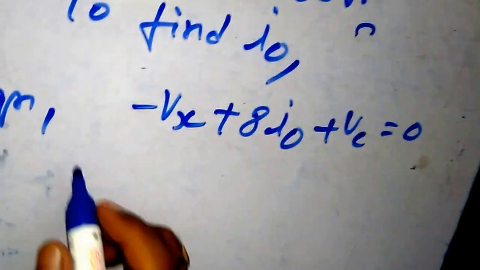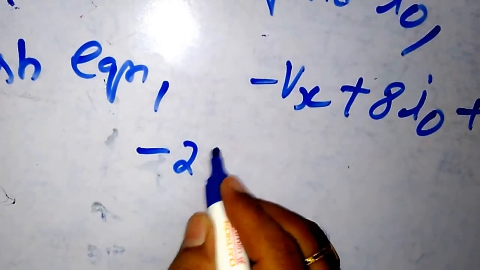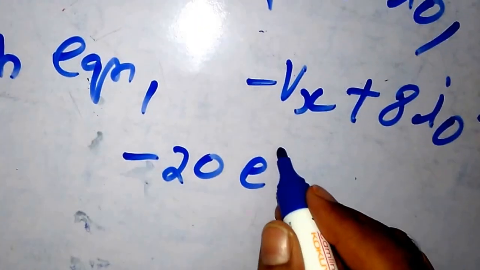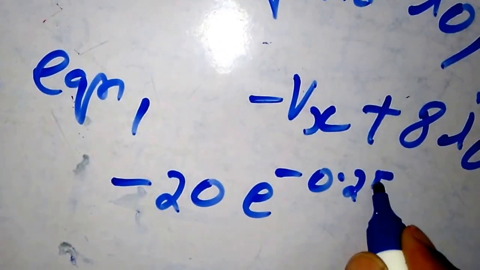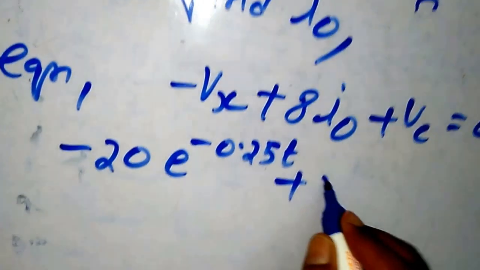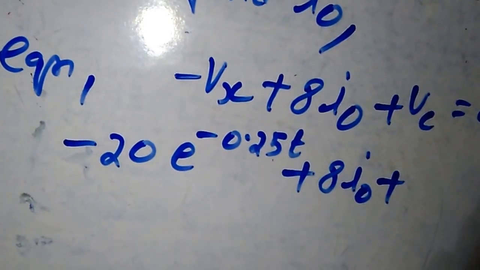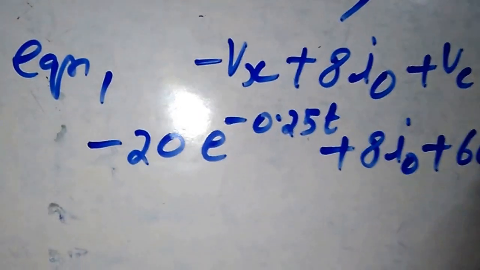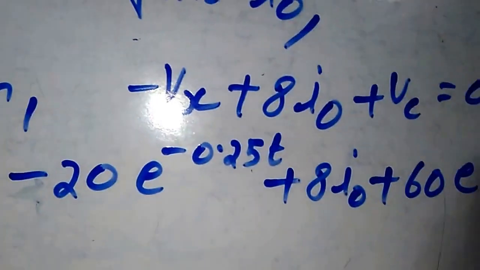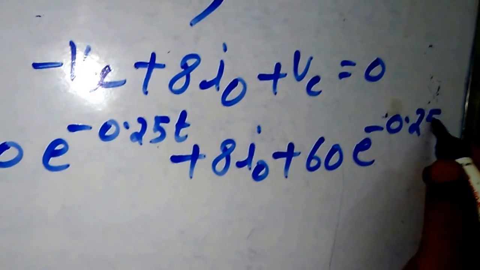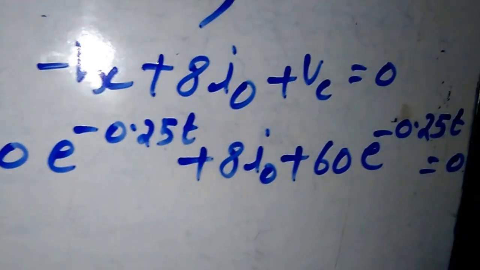You already know Vx: you obtained it as 20 e power minus 0.25 t, plus 8 I naught, which you need to find, plus Vc, which we got as 60 e power minus 0.25 t, equal to 0.